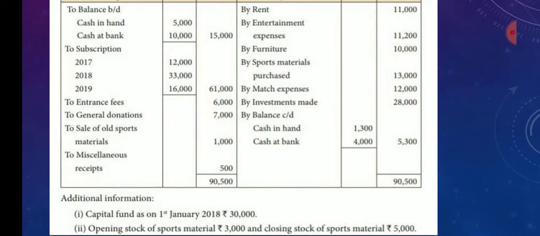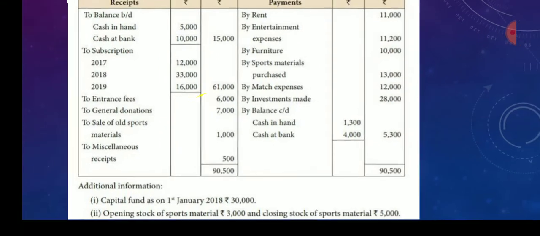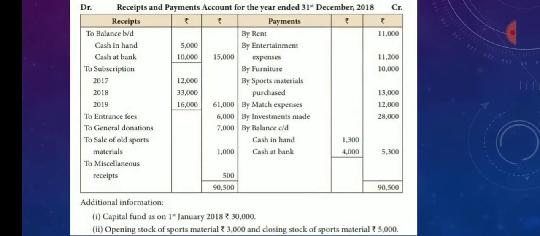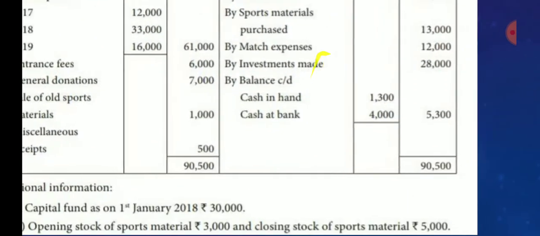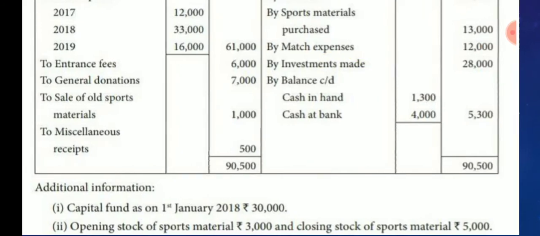Additional information. First one, capital fund as on 1st January 2018 30,000. Opening stock of sports material 3,000 and closing stock of sports material 5,000.